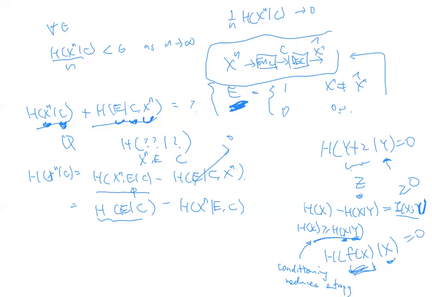Therefore I can claim that this one here is less than H(E), and E is binary, so it has to be less than 1. It's binary, so definitely I can store it in 1 bit. So this thing is less than 1.